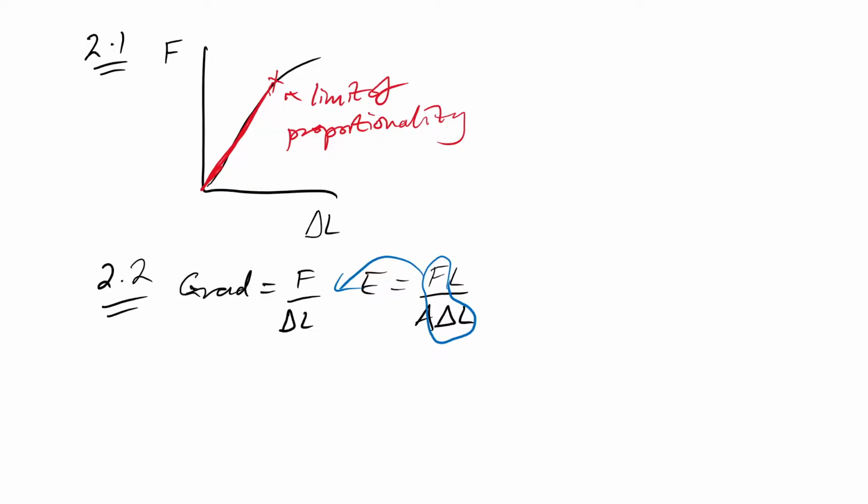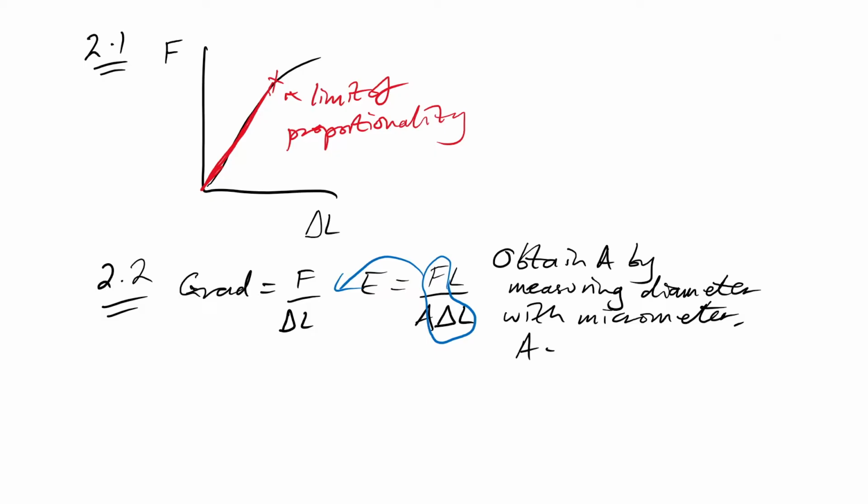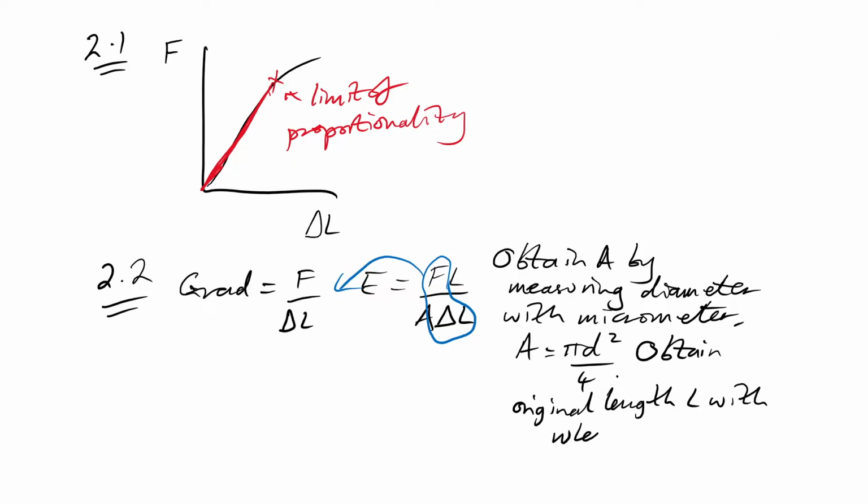So all we need then is the length and the cross-sectional area. So obtain A by measuring diameter with micrometer, and then A is equal to pi d squared over 4. And then we can just say obtain original length L with ruler. Therefore the Young modulus is equal to the gradient times L over A.